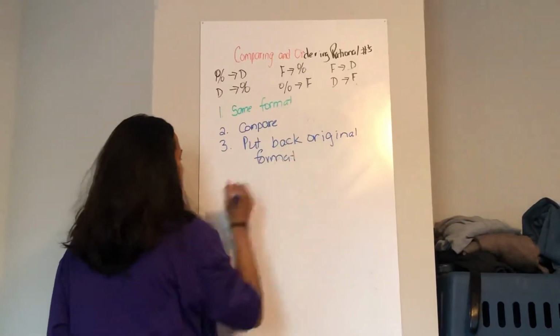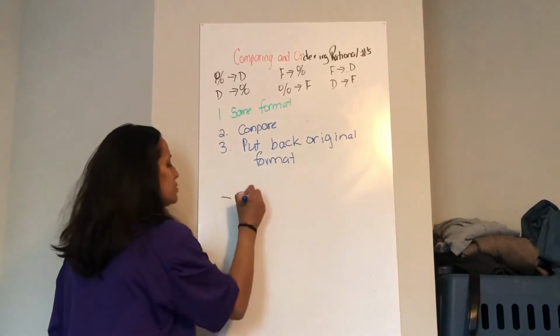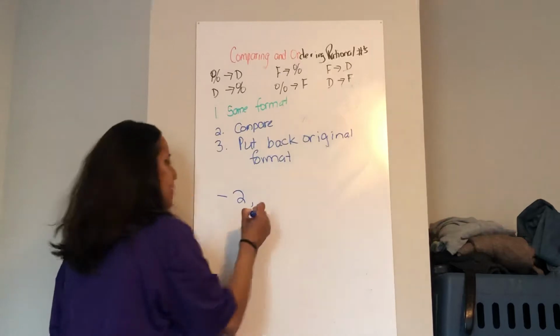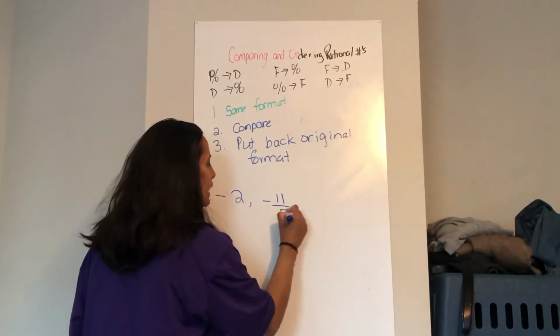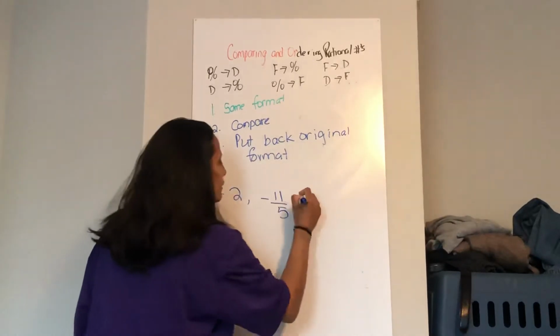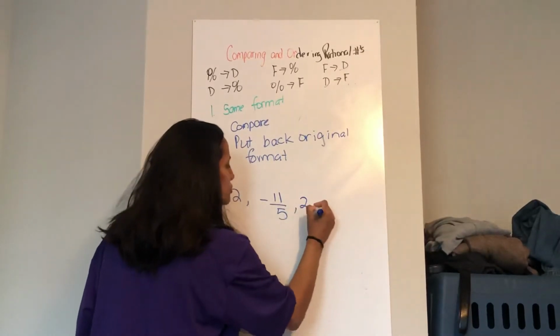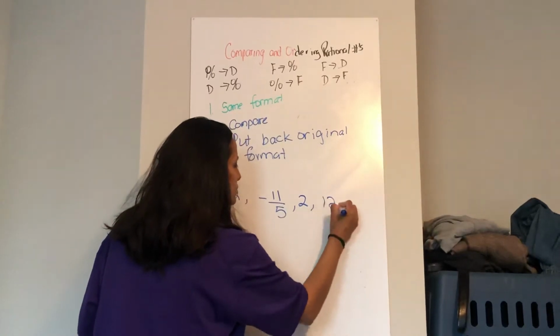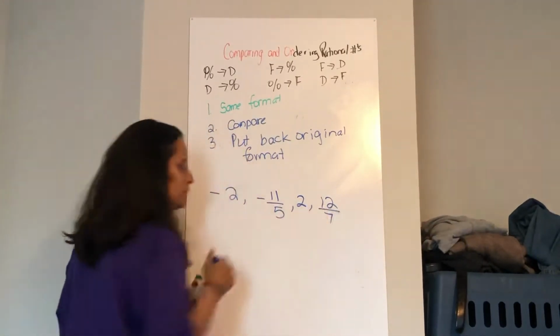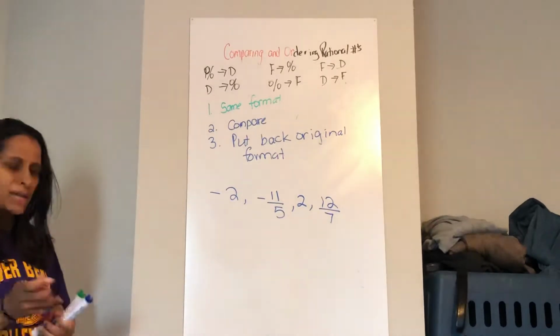So let's look at some. Let's look at -2, -11/5, 2, and 12/7. Okay? Well, here's what we can say.